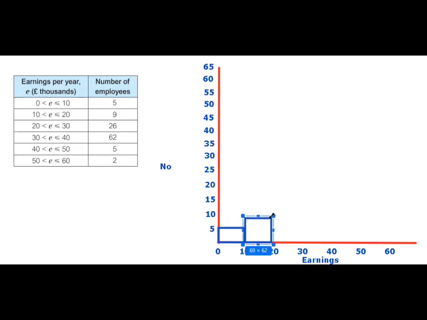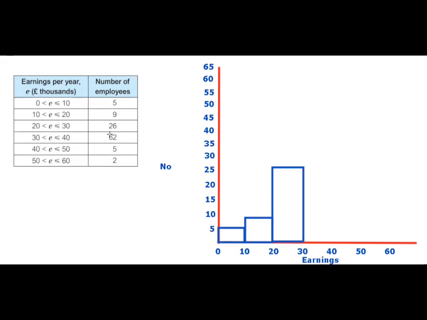So 9 is almost here. Yes. And then from 20 to 30, we have 26. It will give me 26 until here. This is 25 and 26, almost here.